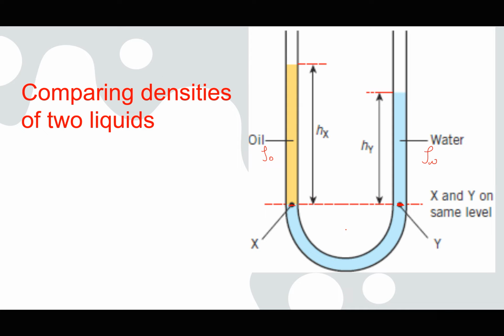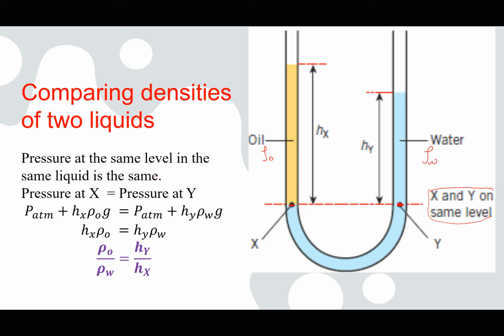So the pressure at X is the same as the pressure at Y if X and Y are on the same level, because pressure acts equally in all directions. That is due to the liquid, which is water.